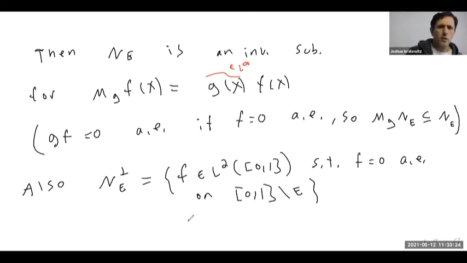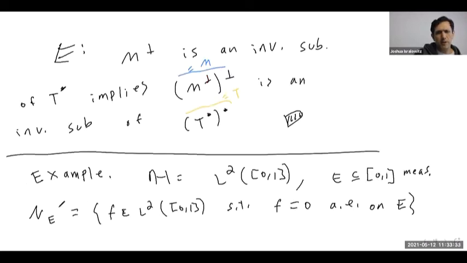Yeah, so I also suggest checking, not that we really need it, but as a good exercise, that the orthogonal projection onto N_E, denote that by P_NE, is just the characteristic function of E times f of x.